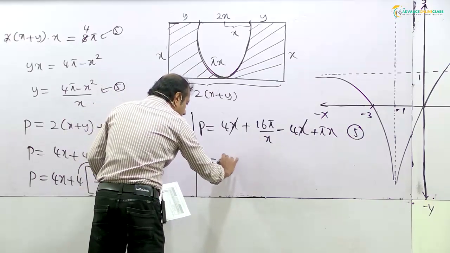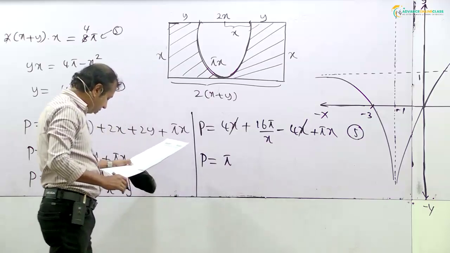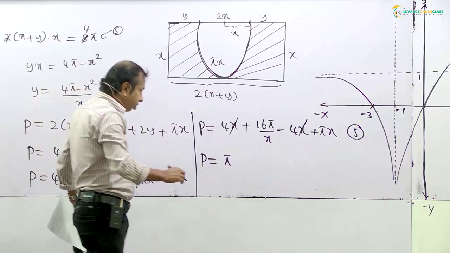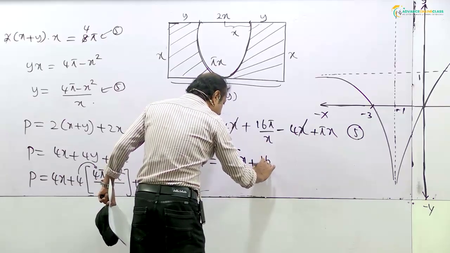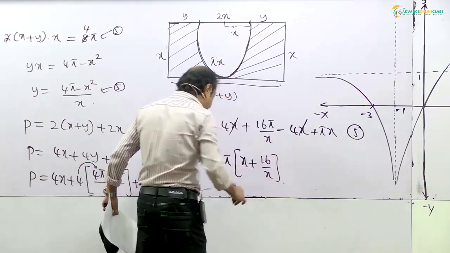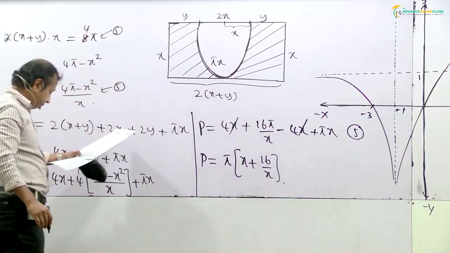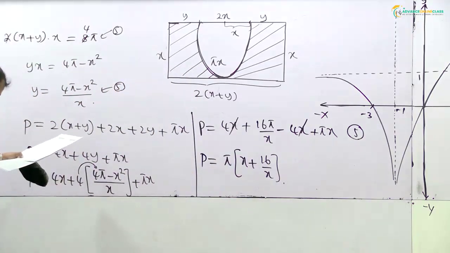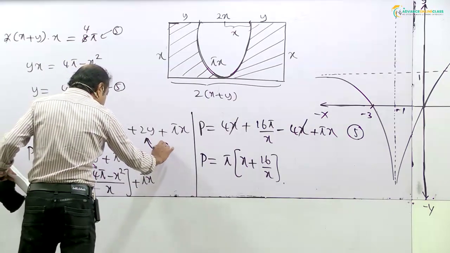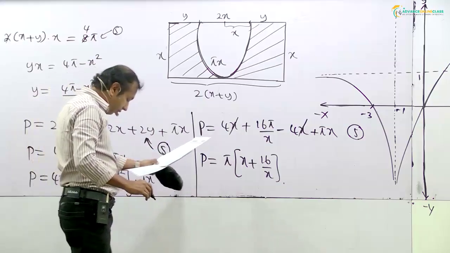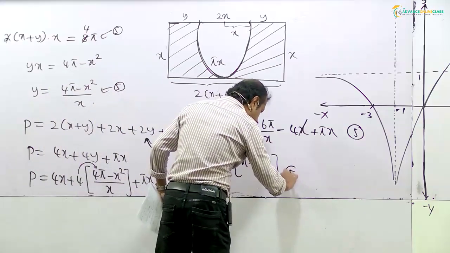You can take this π out from a bracket. Then once you take π out, this is x, here 16 over x is the perimeter. Writing in for this perimeter, 5 marks. Simplifying and taking this answer, another 5 marks. Right.